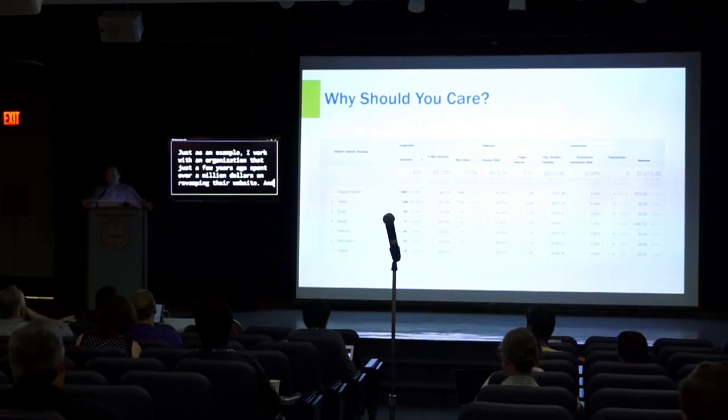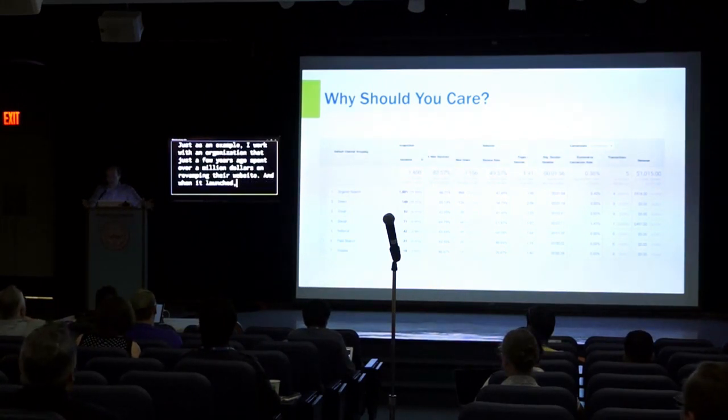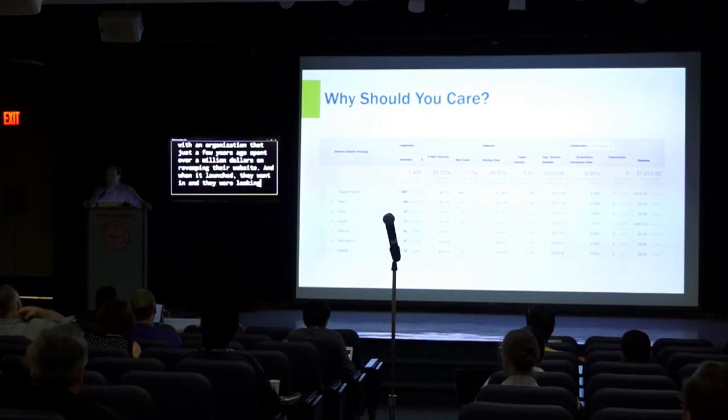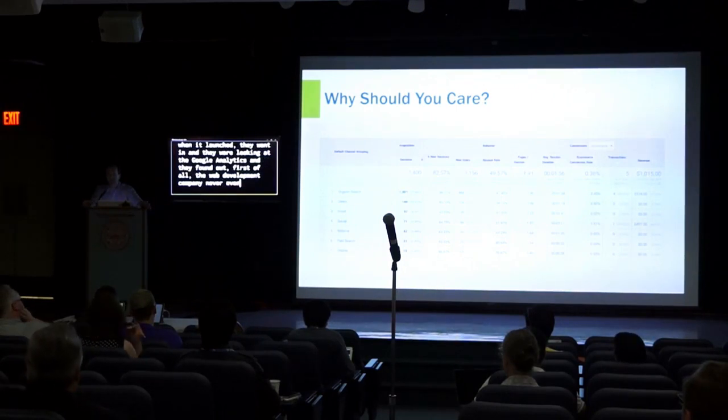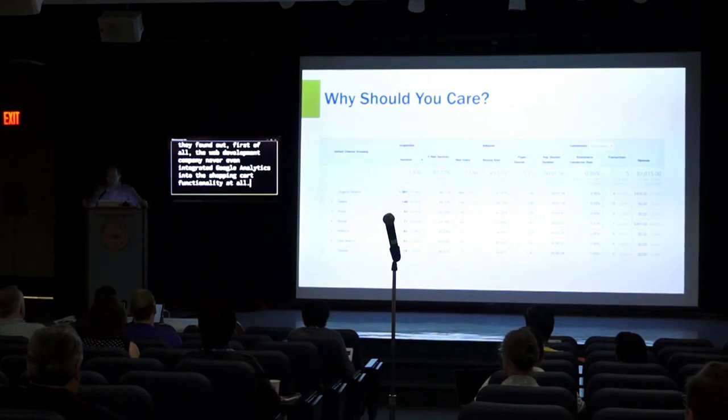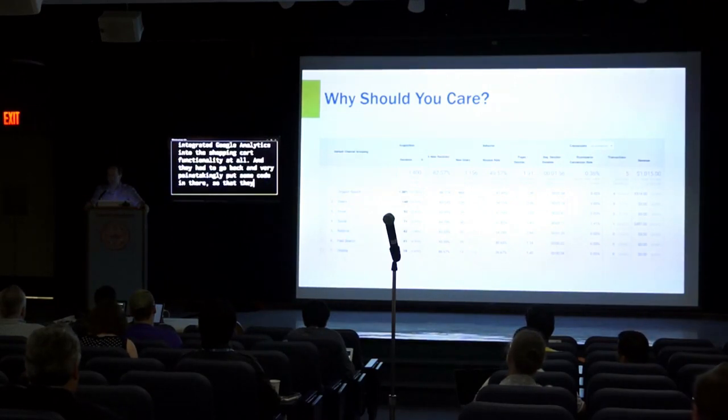And when it launched, they went in and they were looking at the Google Analytics and they found out, first of all, the web development company never even integrated Google Analytics into the shopping cart functionality at all. And they had to go back very painstakingly, put some code in there so that they would be able to track purchases, but they still can't track any cart functionality.